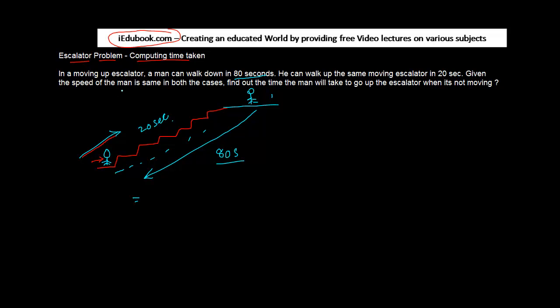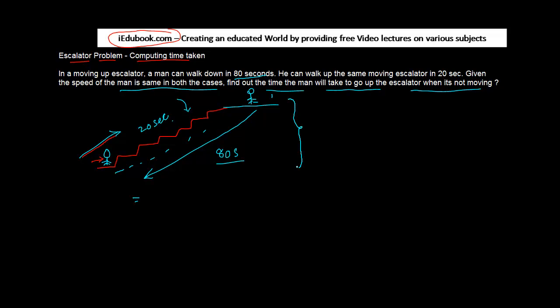Given the speed of the man is the same in both cases, find the time the man will take to go up the escalator when it is not moving. So if this escalator were stationary, what is the time it will take for this man to walk up?